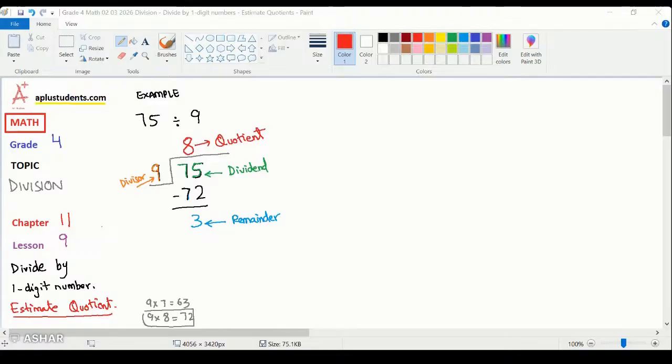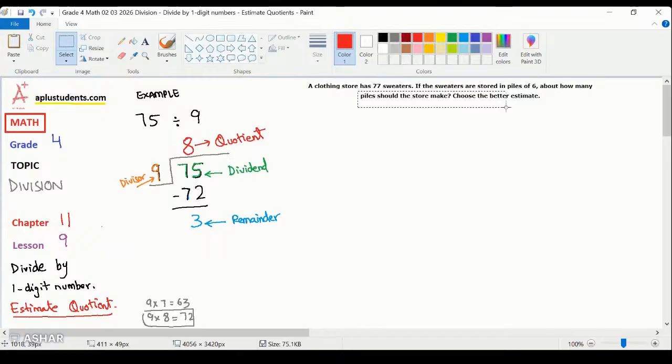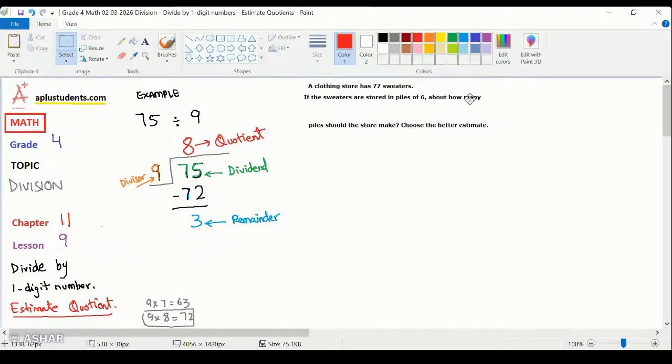We have word problems and we'll simplify the word problems. Question number 1 says, a clothing store has 77 sweaters. If the sweaters are stored in a pile of 6, about how many piles should the store make?